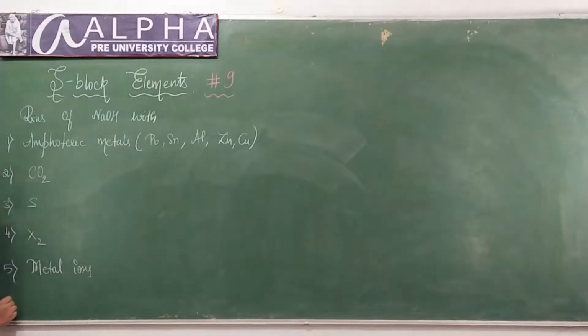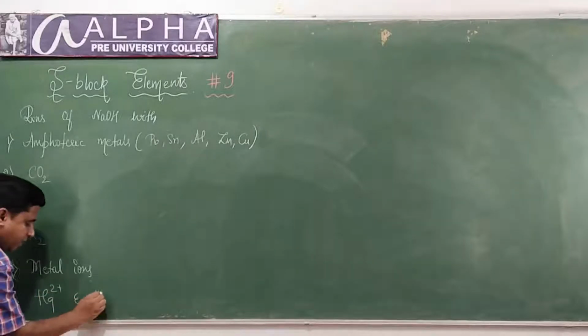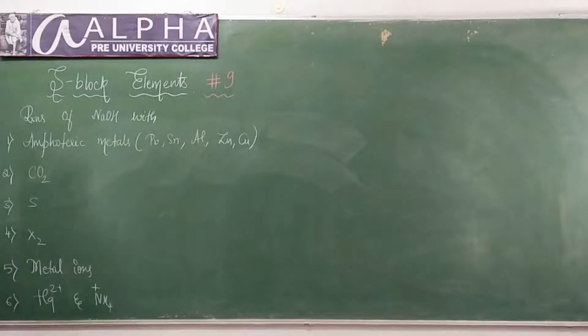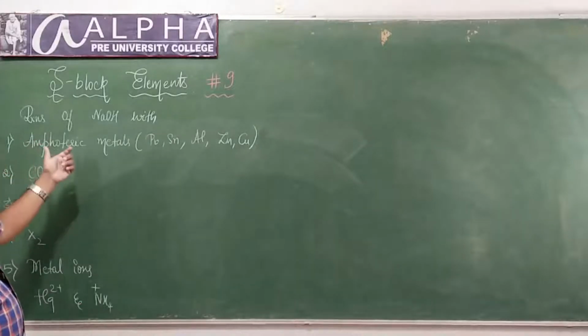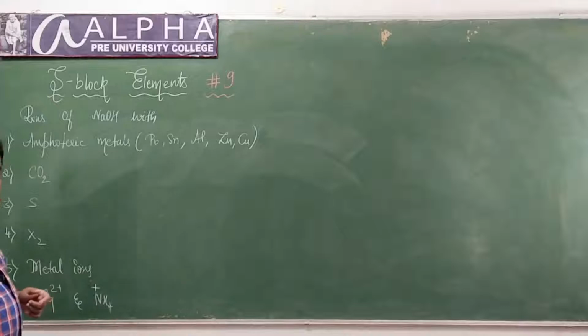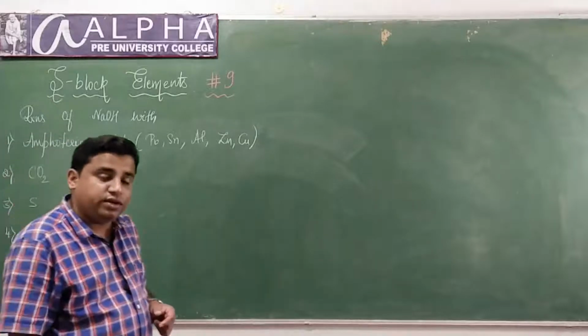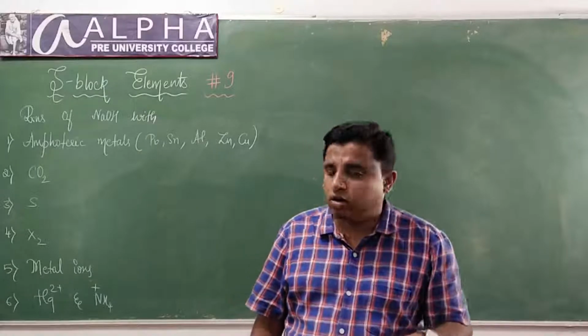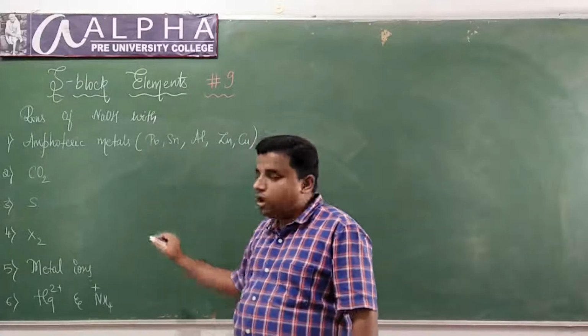And lastly, a very important reaction with mercuric ion and ammonium ion. We have to discuss all these chemical properties of sodium hydroxide, having finished the physical properties and the preparation. So shall we start one by one now?